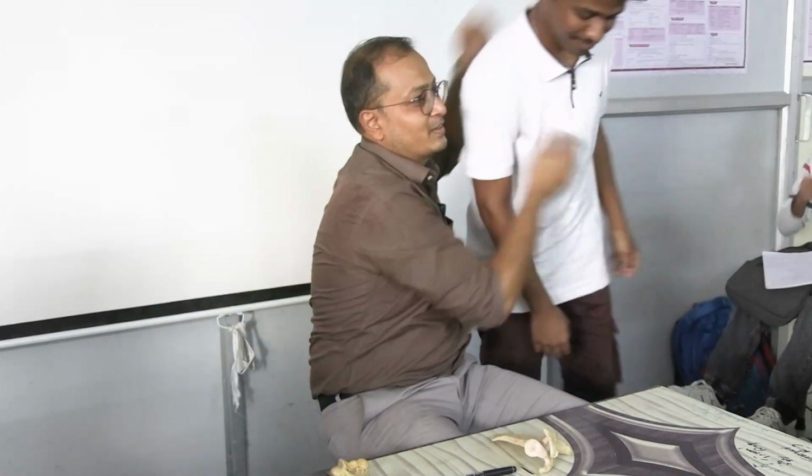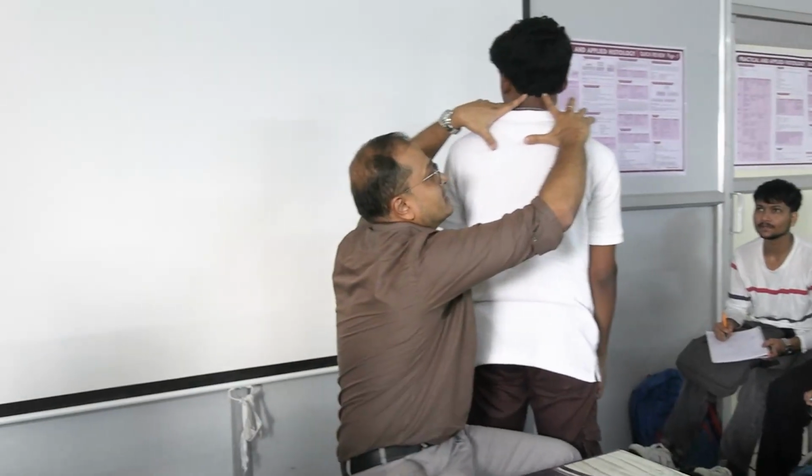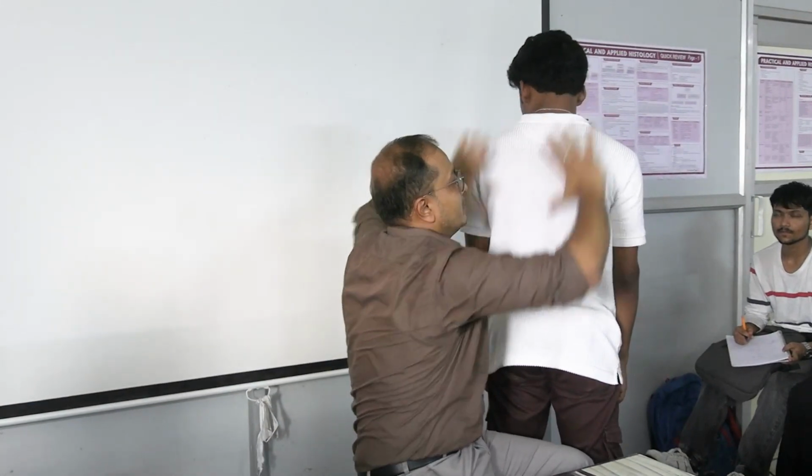And below we have a muscle we call the deltoid. Deltoid, trapezius. Above is trap, below is del. Trapezius is coming from above like this, and deltoid is coming from below.